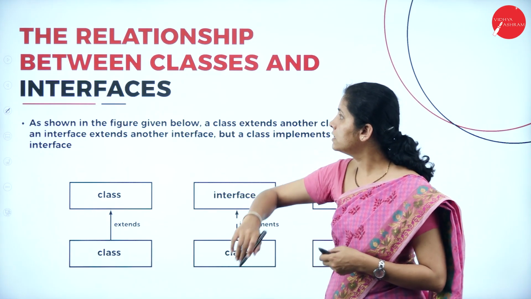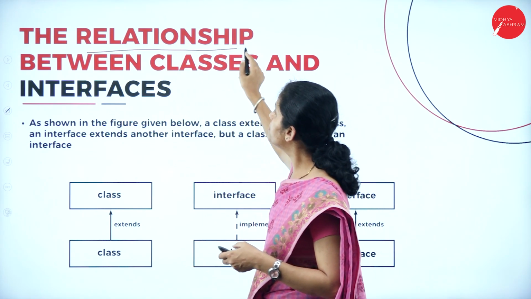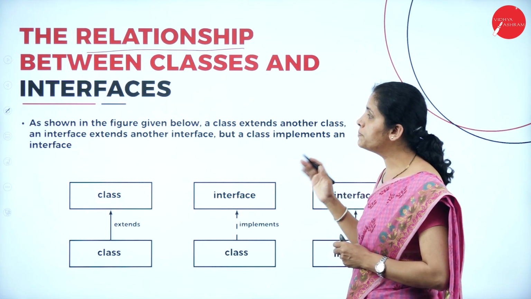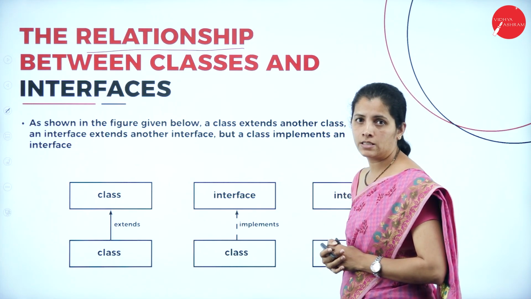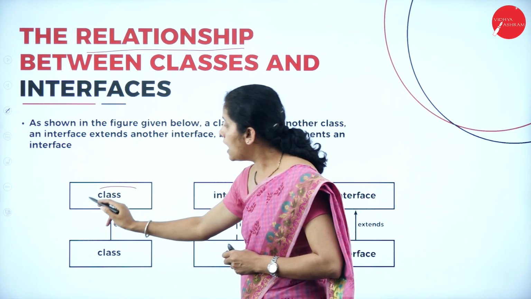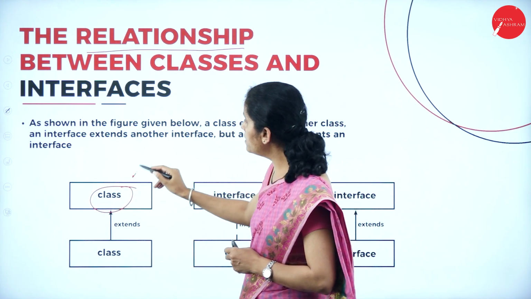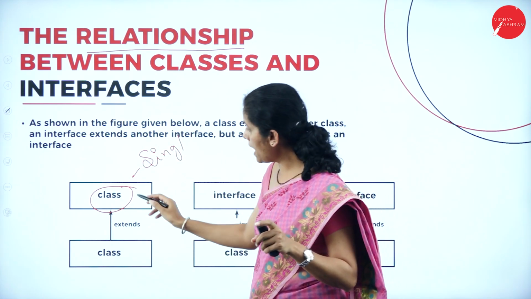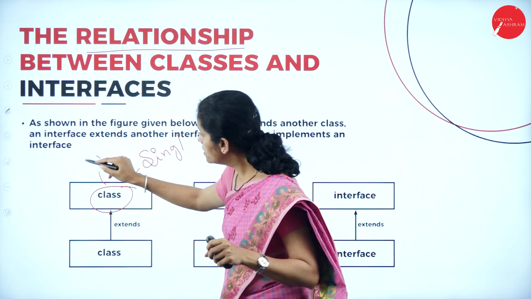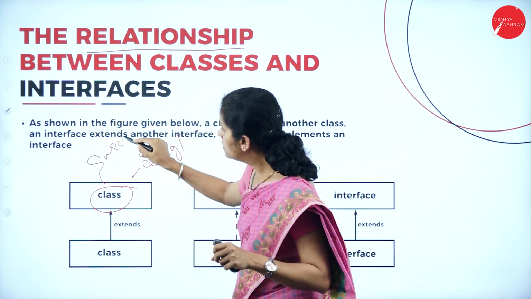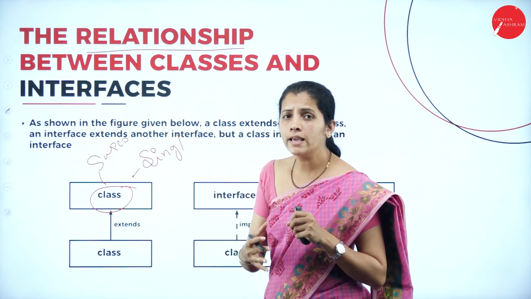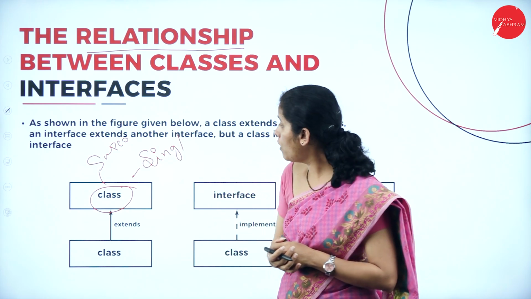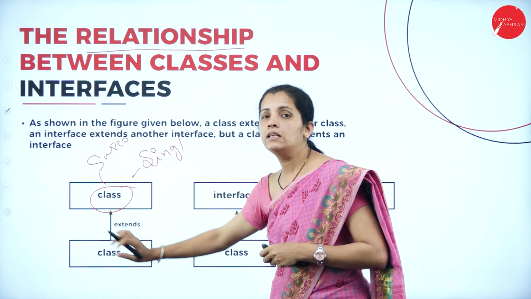Now, the relationship between class and interface. If I use class, this is the example for single inheritance. See here, if I have a class, this is my superclass, and I am going to acquire all the properties as well as behavior of the superclass in my subclass.